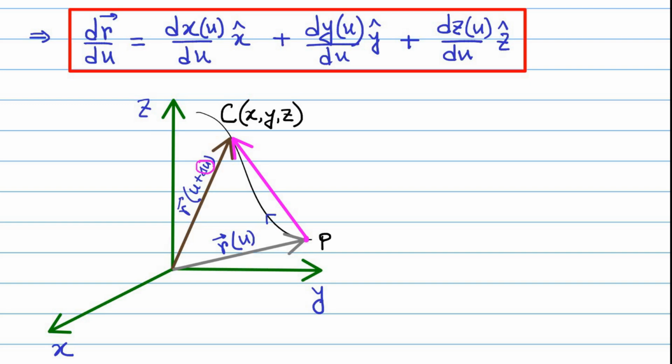So if we, for example, just bring the vector closer and closer, so for example, for half the parametric value, let's say the resulting position vector comes here, and so the difference vector is also changed.